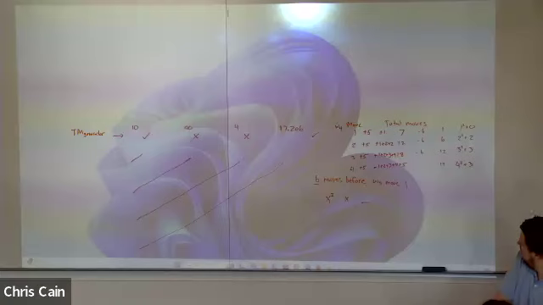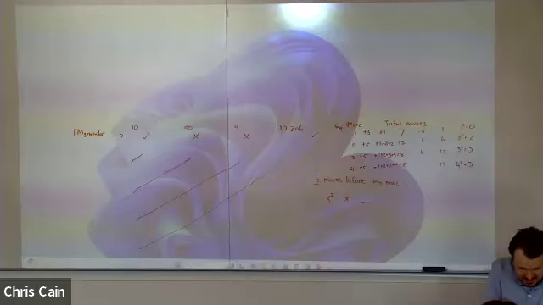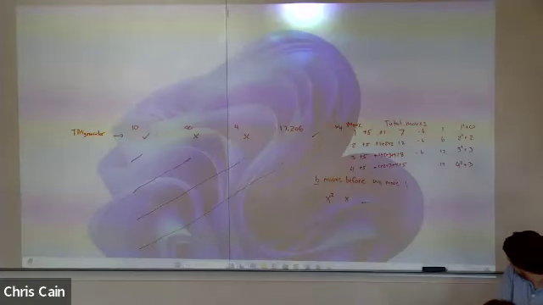So 1 was 7, 2 was 12, 3 was 18, 4 was, I calculated it, but that is 25.